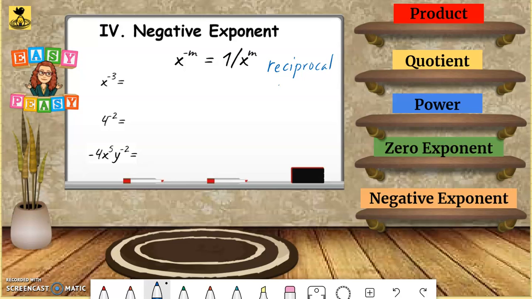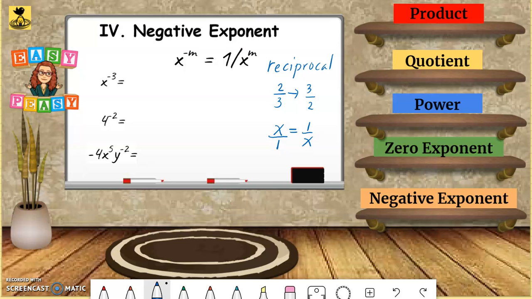If you have 2/3, the reciprocal of 2/3, we just swap the numerator and denominator, so we have 3/2. If we have, say, x, the reciprocal of x is just 1 over x. Why 1 over x? Remember that any variable or any number which has no denominator is understood to have 1. So x over 1, the reciprocal is 1 over x, right?